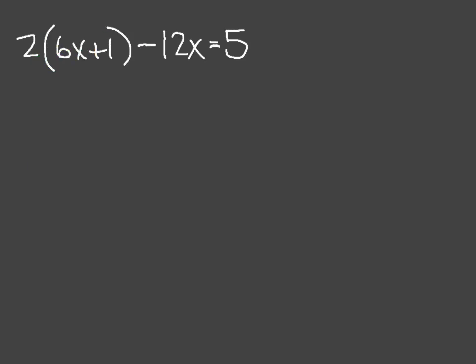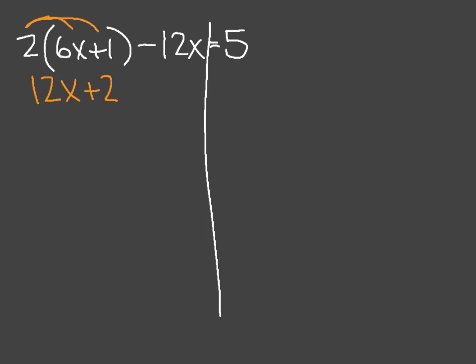Here's my second example. Again, I'm going to split this down the middle from my equal sign. The first thing I need to do is the distributive property. So 2 times 6x gives me 12x. 2 times 1 gives me plus 2, and I'm bringing this minus 12x straight down, and it's still going to equal 5.